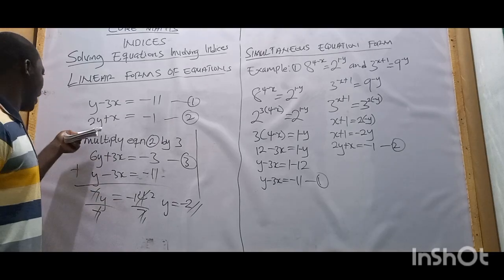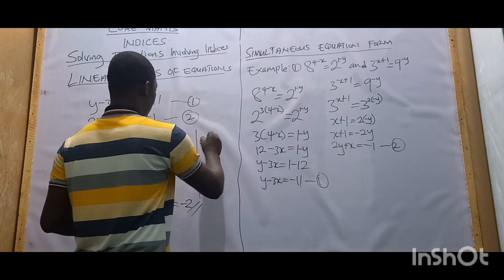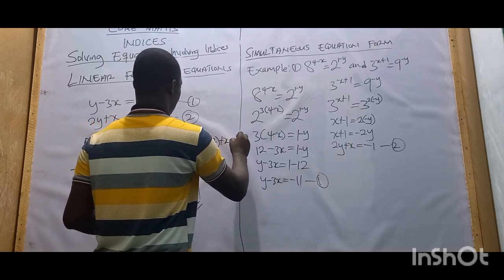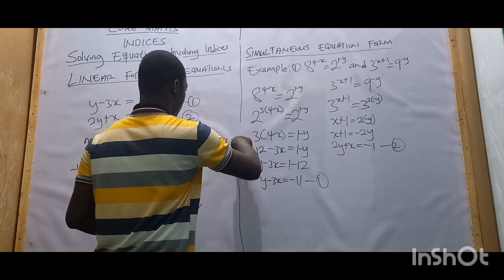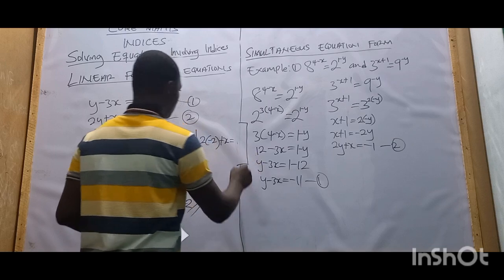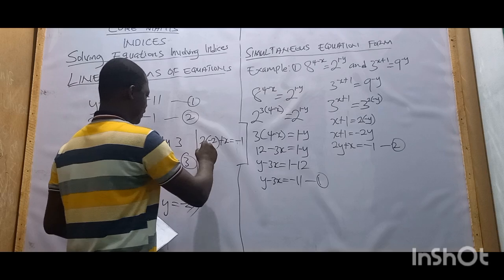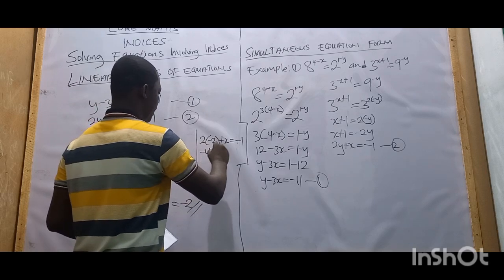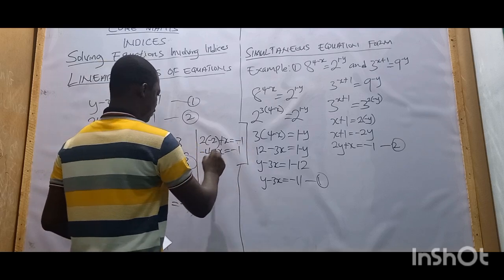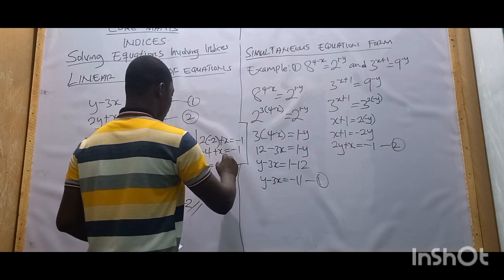So wherever I see y, I'll put negative 2 there. So this time I'll get negative 4 plus x equal to negative 1.